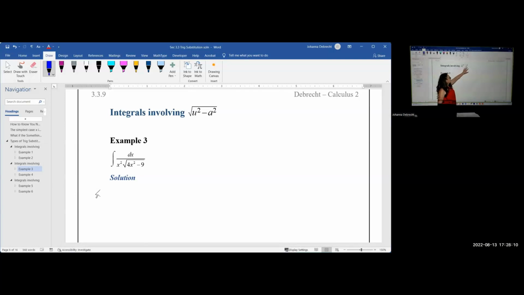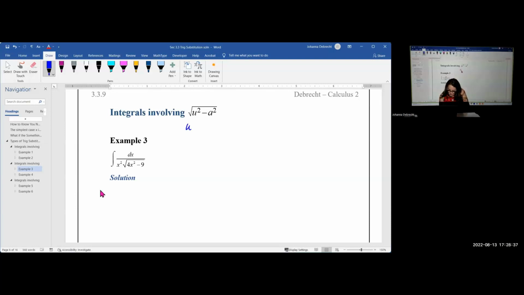Instead of a squared minus u squared, we have u squared minus a squared. So the variable is going to be in the positive term, and the constant is going to be in the negative part. But otherwise, it works very, very similarly, except that our substitution factor is going to be different. Because this has the variable on the left and the constant on the right, that gives us a different one that we want to substitute, namely a secant of theta.